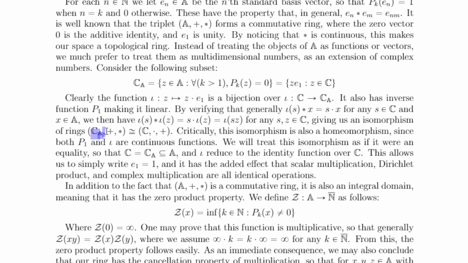So these two rings are isomorphically the same. They're also a homeomorphism. The first projection is continuous, and this mapping from z to z times e1, this scalar multiplication, is also continuous. So not only is it an isomorphism of rings, it's also a homeomorphism, an isomorphism of topologies.